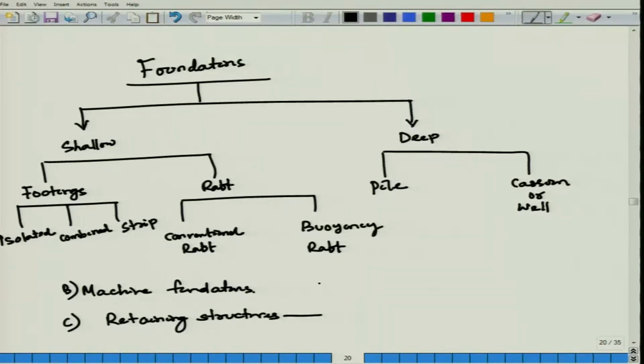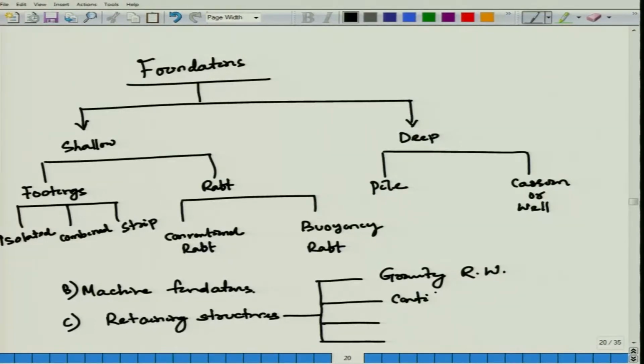If I divide retaining structures into parts: gravity retaining wall, where RW means retaining wall, then cantilever retaining wall, then counterfort retaining wall, then RE walls. RE walls means reinforced earth walls.